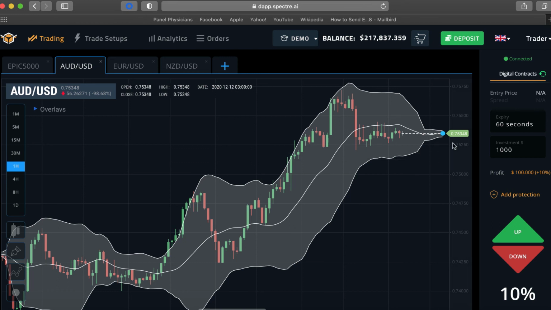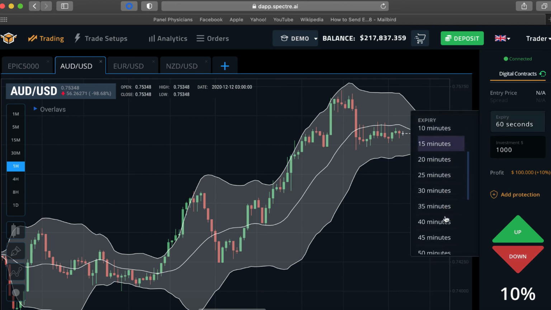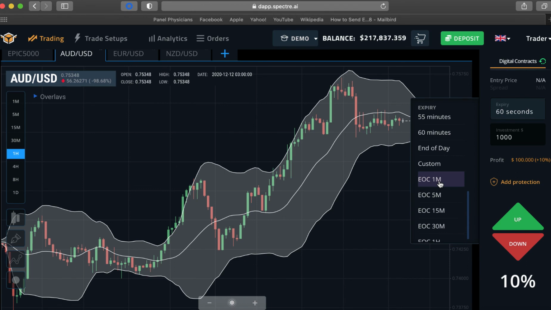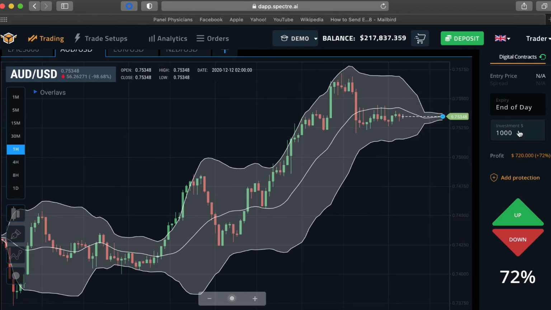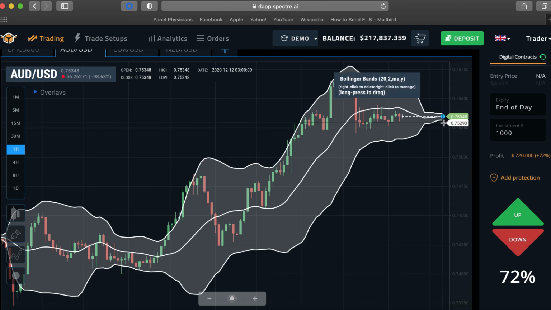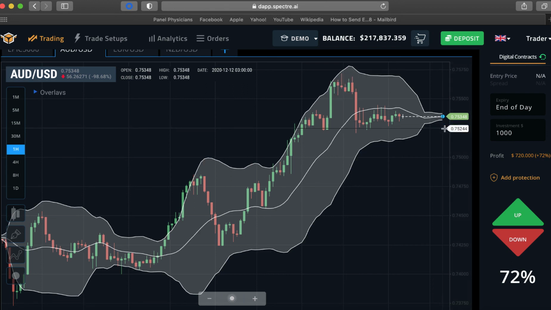I've entered a sell, down, or a put on AUD USD. I chose my expiry time to be, let's say, end of the day or end of the week, and I entered my investment amount. If the market closes by end of the day below 0.75348, even by 1 point, I still make my 70-80% gains.